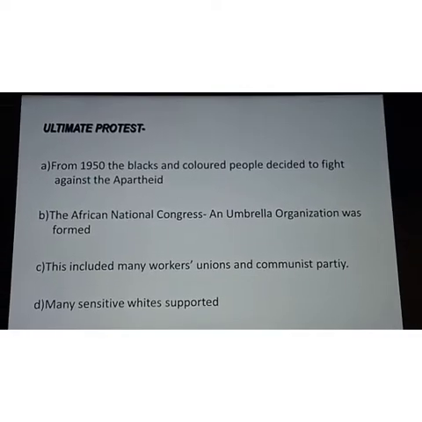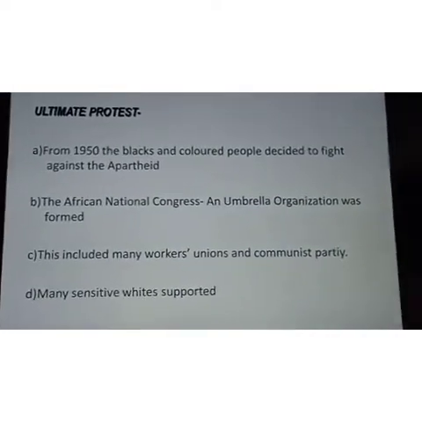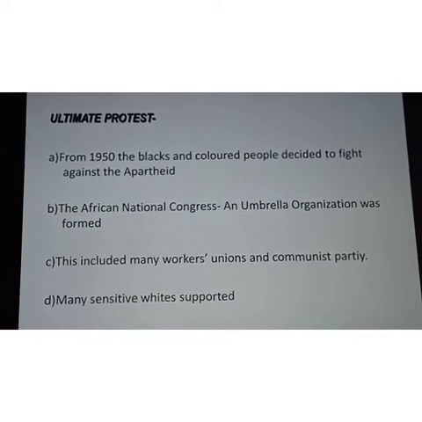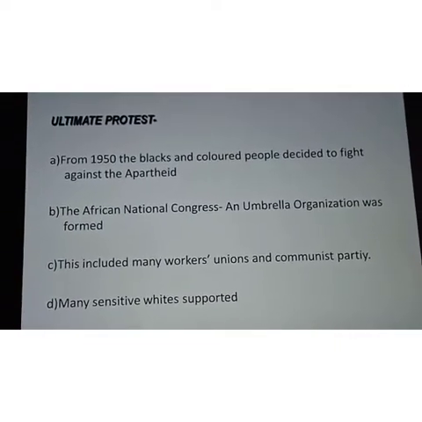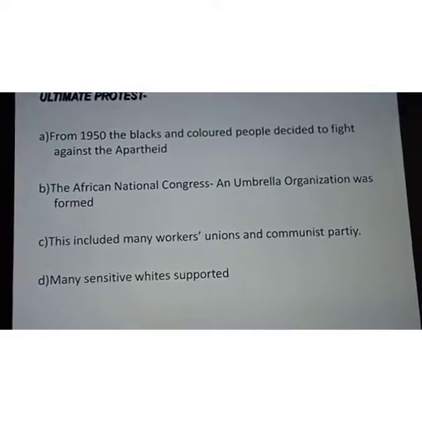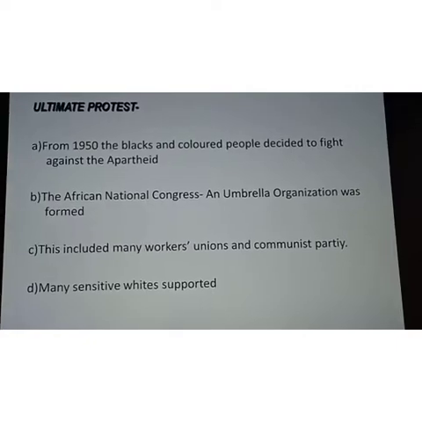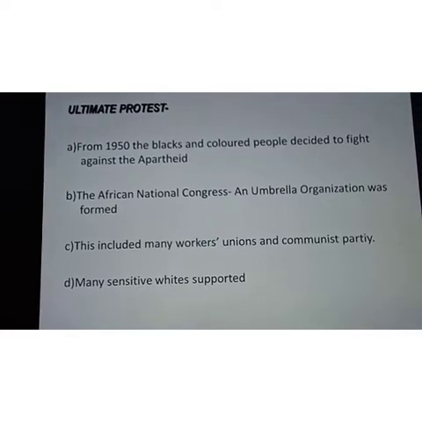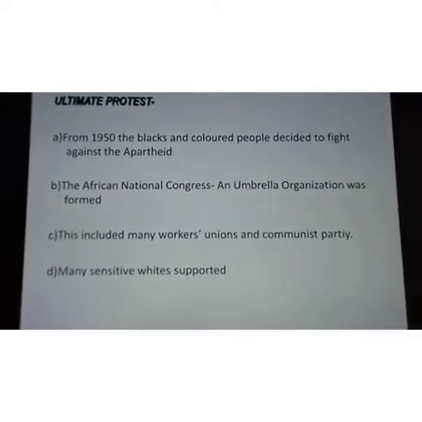You see, one more thing to be discussed over here is that it was not only black people who fought. No, some sensitive whites were also there. All the whites were not bad, all the whites were not oppressive to the blacks. Some white people in South Africa actually supported the blacks to fight. When the Indian National Congress was fighting against the British, at that time also some good Britishers were there.